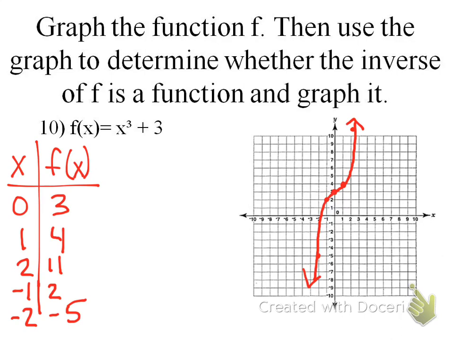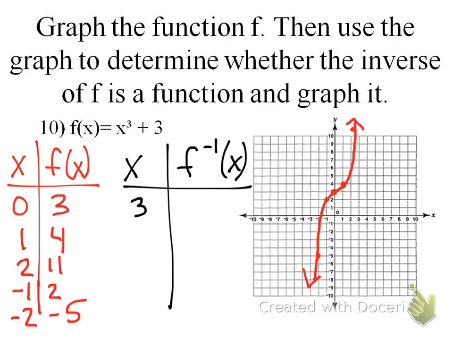All right, so I'm going to do that same table for the inverse, except everything's going to switch spots. So now it's 3, 0, 4, 1, 11, 2, negative, oops, 2, negative 1, and negative 5, negative 2.